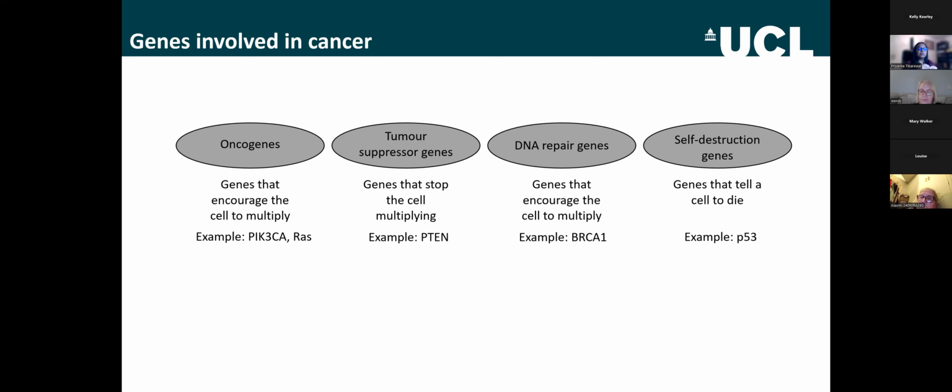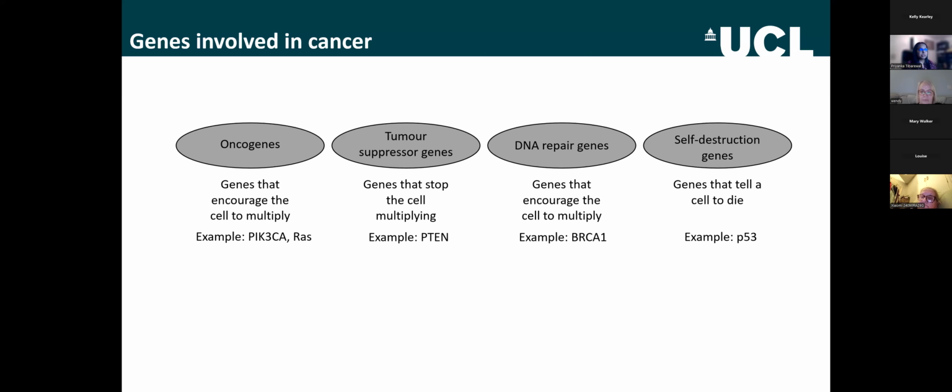And when you have an accumulation of more errors, the chances of having an error in a gene which is very important, such as an error which causes loss of a gene like PTEN, or an error which causes multiplication of an oncogene, is more likely to happen, and therefore it causes cancer. So the BRCA genes are a very good example of this.